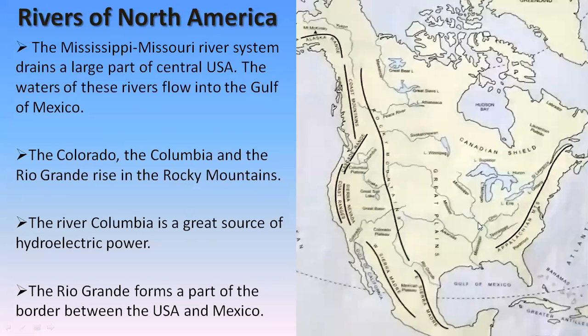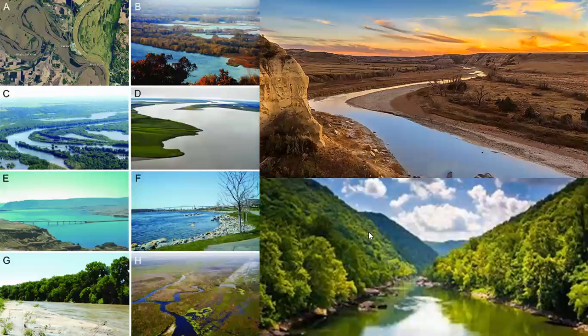And here you can see that the Mississippi, Missouri river system drained the central part of the U.S. Okay, central USA is drained by the Mississippi, Missouri river system, and other rivers are Columbia, Colorado, and Rio Grande. Okay, so this one is the Colorado River having the hydroelectric project, and finally the Rio Grande is situated at the border of USA and Mexico.